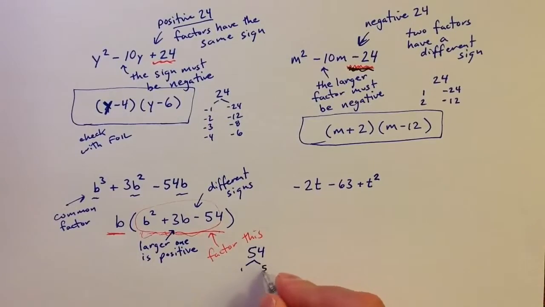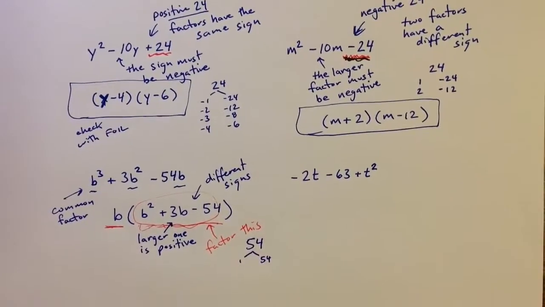So I can kind of work through, maybe it comes to mind what the value should be, but if it doesn't, we can just work through the list. 1 times 54 is 54, 2 times 27, 3 goes into 54, so 3 times 18. Does 4 go into 54?